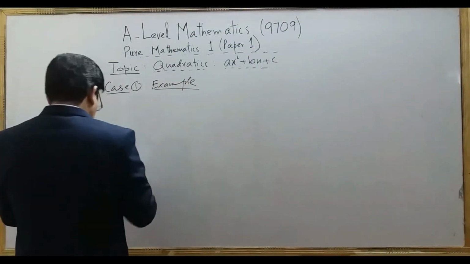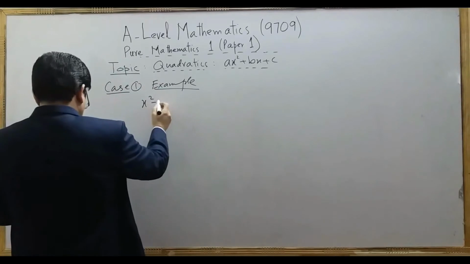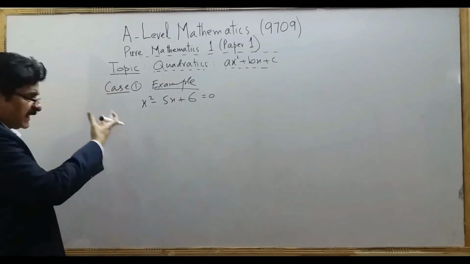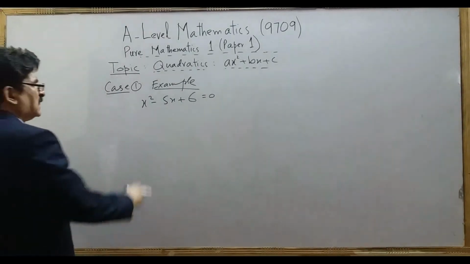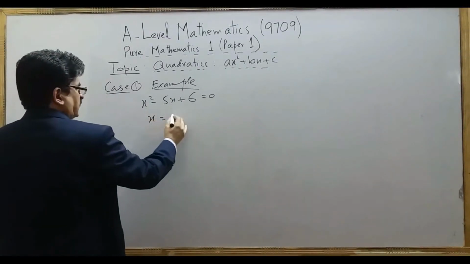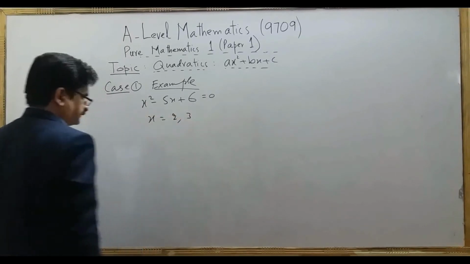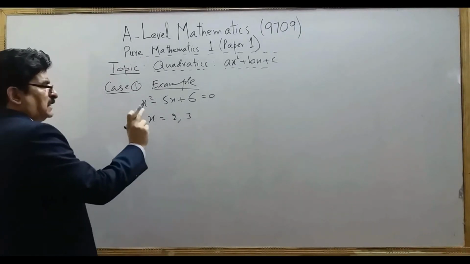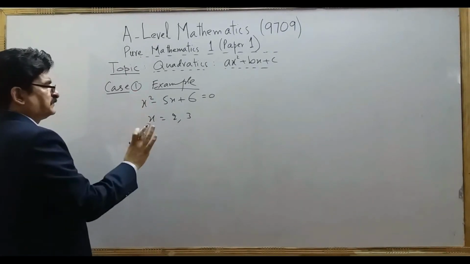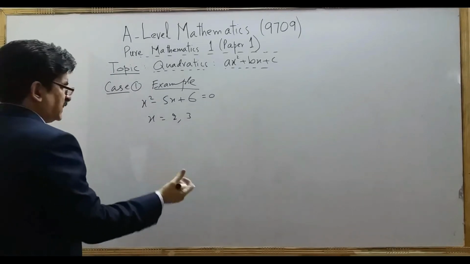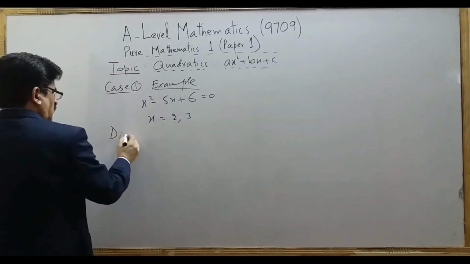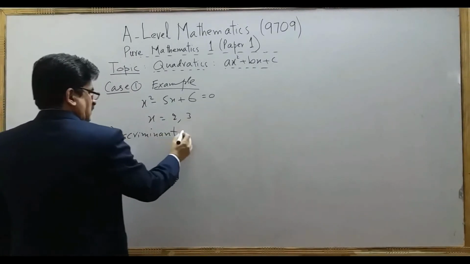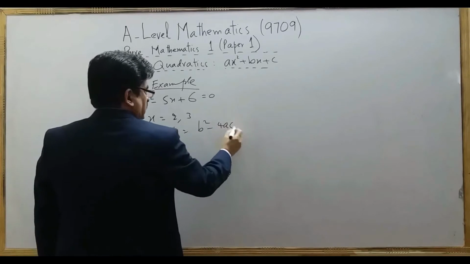Case 1, we have an example, x square minus 5x plus 6 equal to 0. Now see that this is a quadratic equation. If you solve it, you will get the values 2 and 3. But if we are asked not to solve, just determine the nature of roots by finding the discriminant, then what will you do? You will find the discriminant b square minus 4ac.